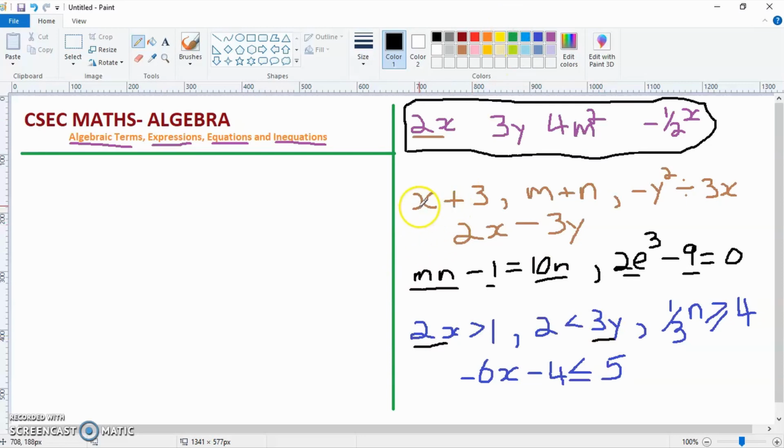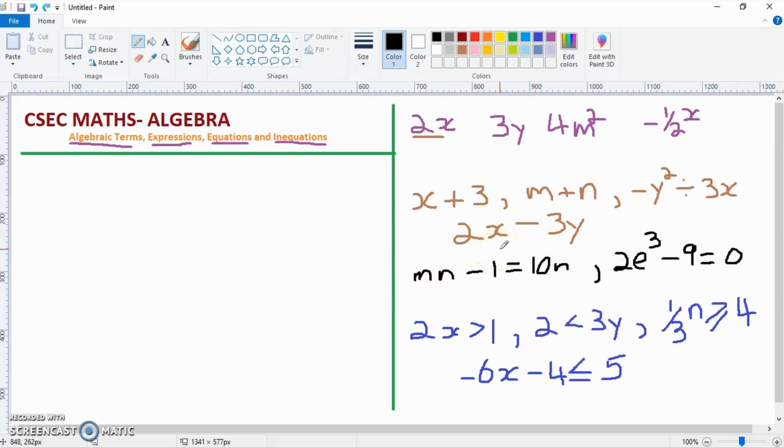In this case, these two terms here are separated by an addition sign, and these two here are separated by a subtraction sign. This subtraction sign separates these two terms, or they may stand alone.